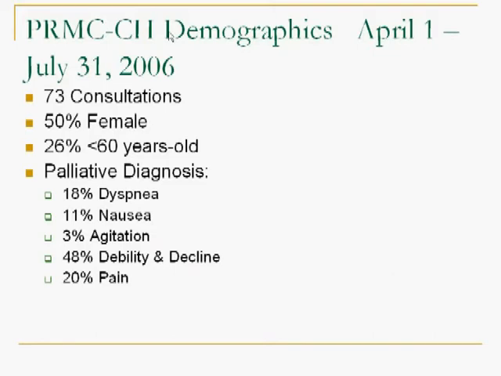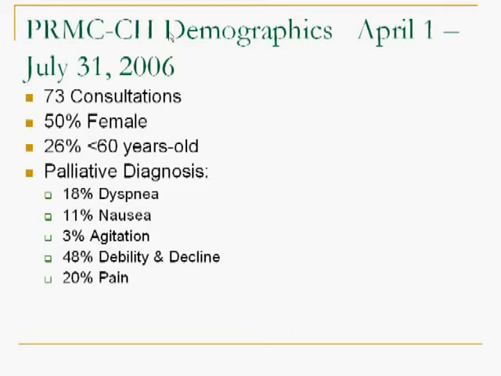A little bit of our demographics. This is a couple years ago. In a 3-month period, we had 73 consultations, about 50-50 male, female. A quarter of the patients were under age 60. Palliative diagnoses are different from the type of diagnoses that you think of. The patient may have lung cancer, but that's not their palliative diagnosis.